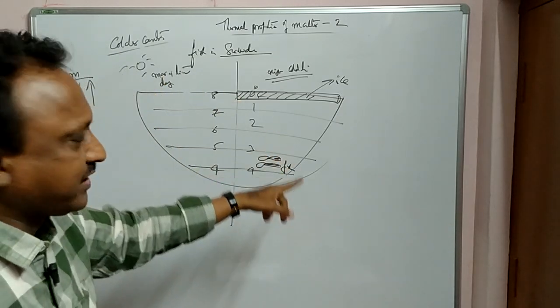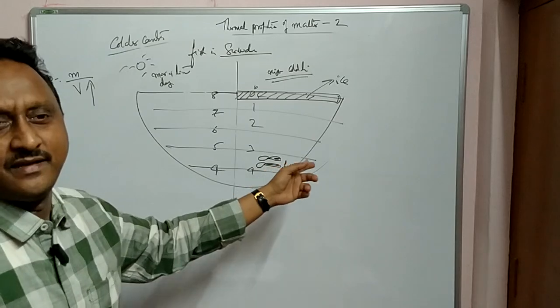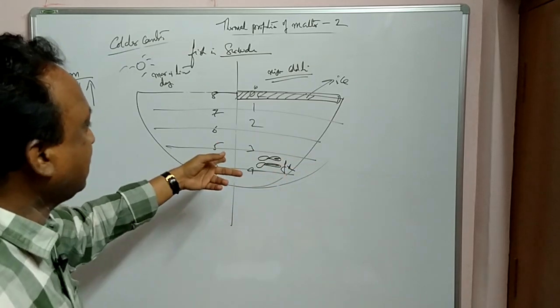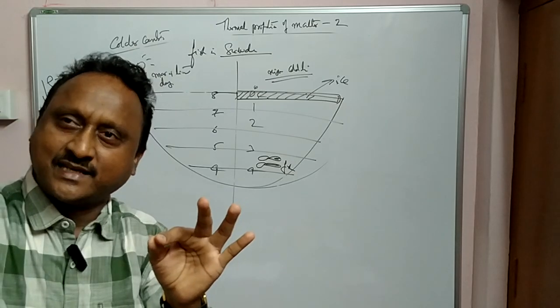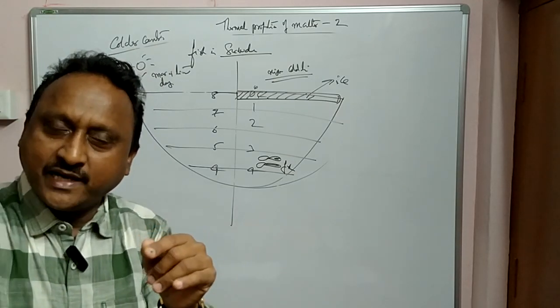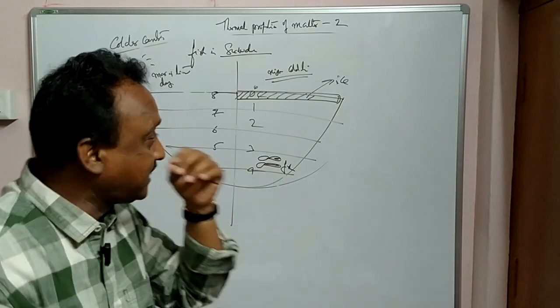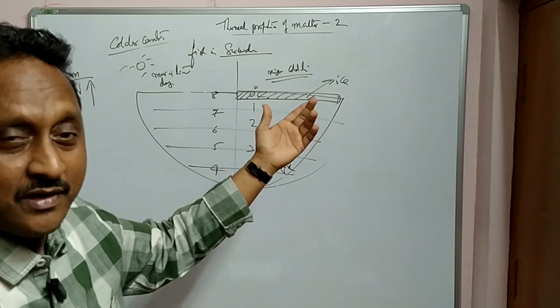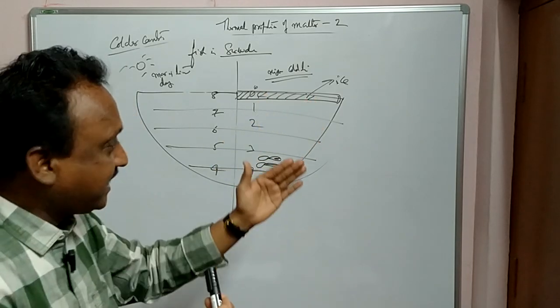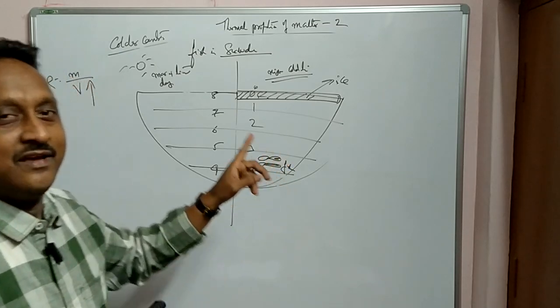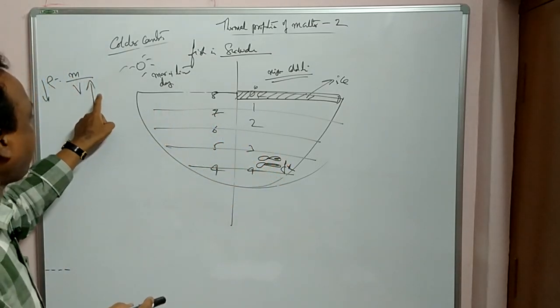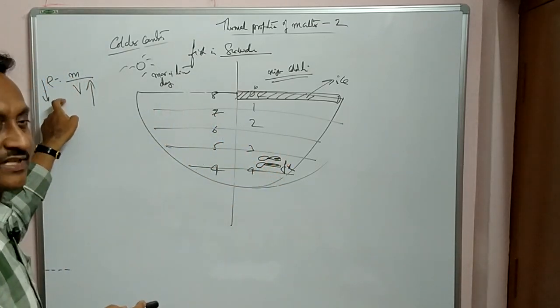Just now I gave one graph, temperature and density, and temperature and volume. When you increase the temperature, the volume is increasing. Then when it comes below 4 degrees, as the temperature is decreasing below 4 degrees, again the volume is expanding. When volume expands, density decreases, inversely proportional.